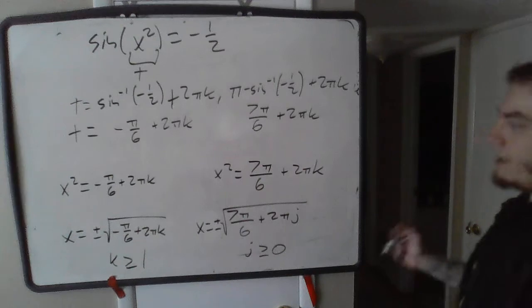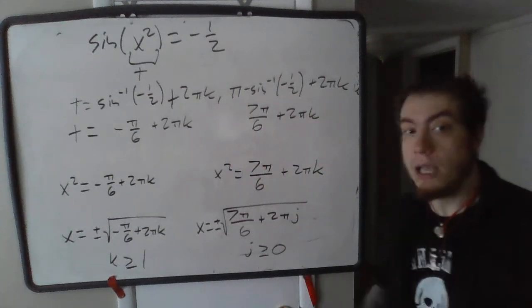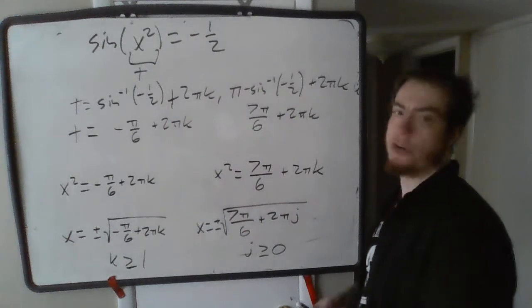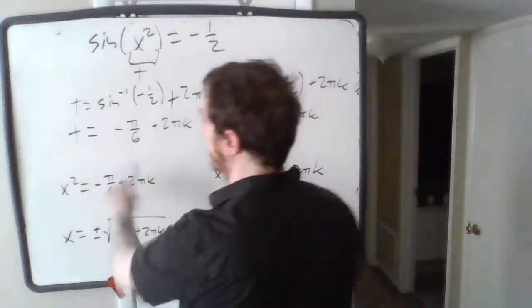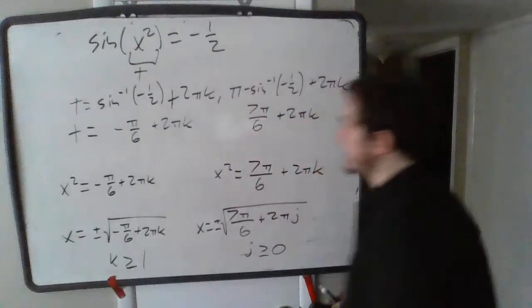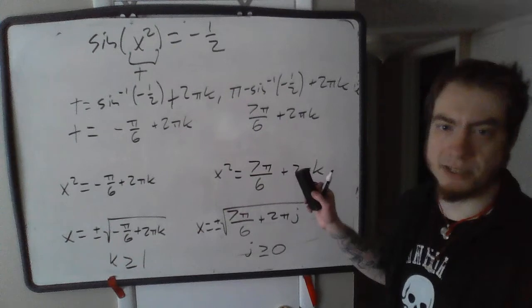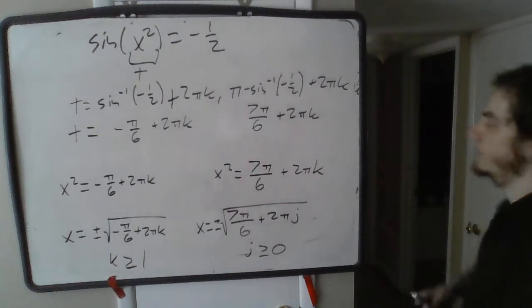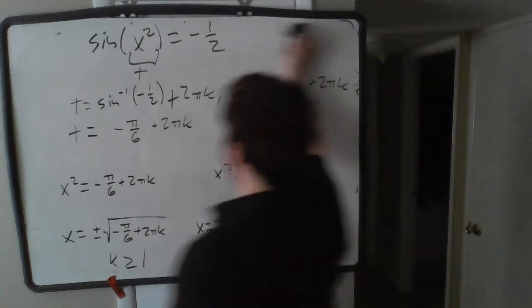So we get a lot of different possible solutions here, but that's fine. It's not very much different than what we did in the previous problem. You just have to remember that we're taking a square root, so we have to take plus or minus the square root in both cases. Hopefully that was kind of clear. All right.